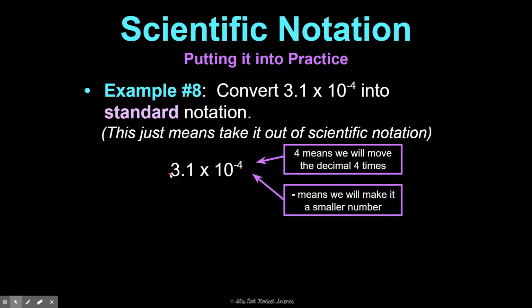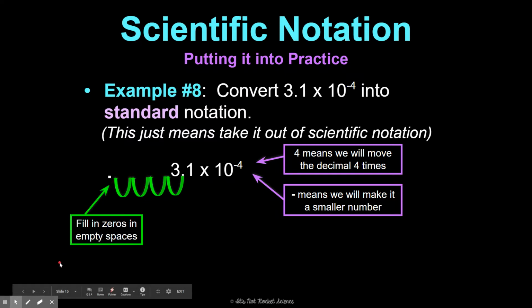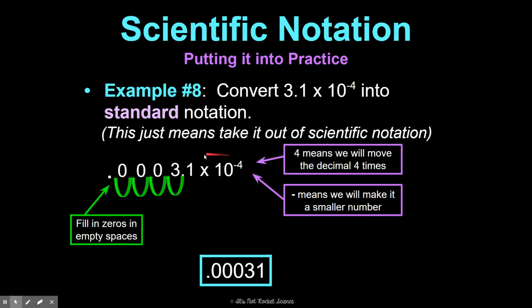So I'm going to end up moving my decimal point over to the left. And when I do that, I have to make sure I add in all my zeros, and my decimal is going to be all the way over here. So to get rid of my scientific notation, I end up with 0.00031.